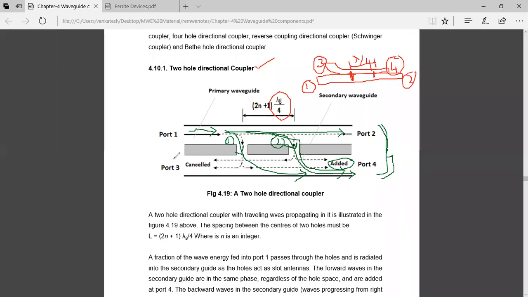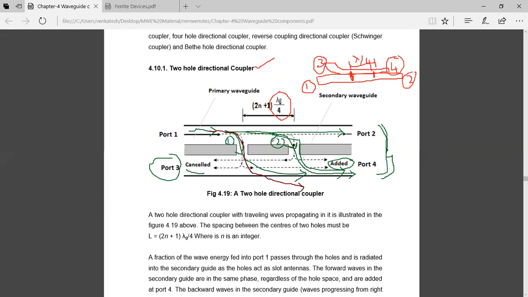Now we'll see what happens to port 3, why it is written as cancelled there. For that, let me explain here. As I have told, there is a possibility that the signal coming out of port 1 is moving towards port 4 here.